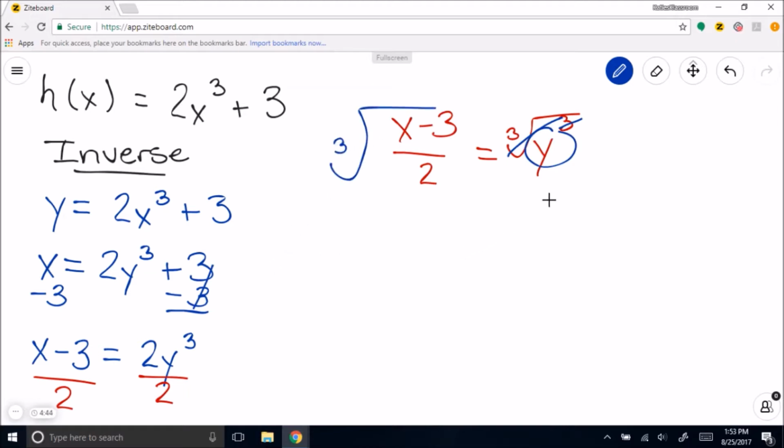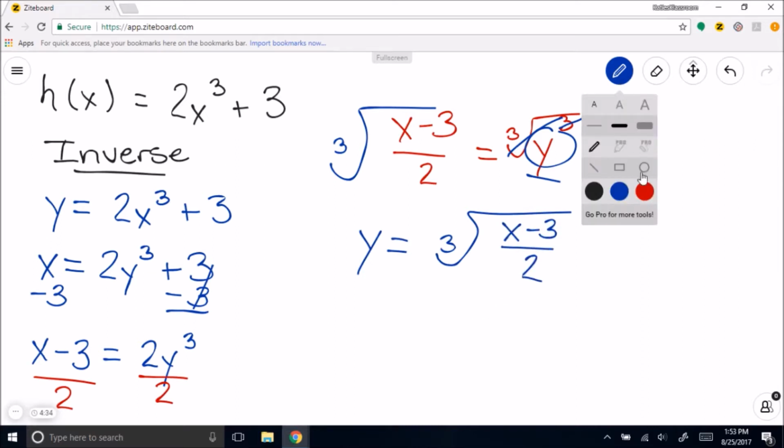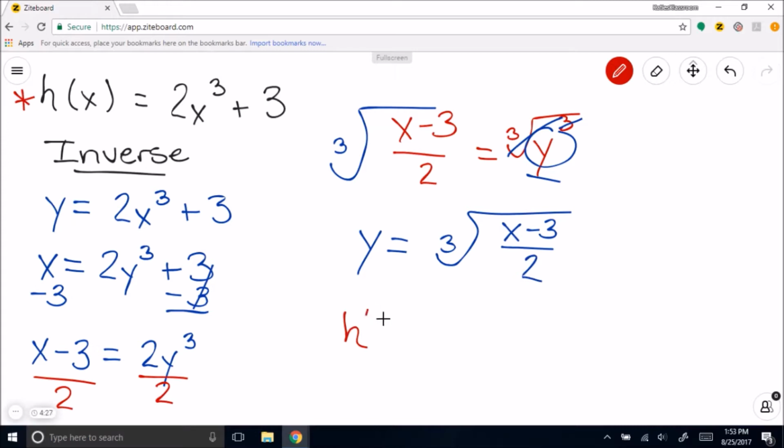So y is equal to the cube root of x minus 3 over 2. And then going back to where we started from, really, this is h inverse of x is equal to the cube root of x minus 3 over 2.